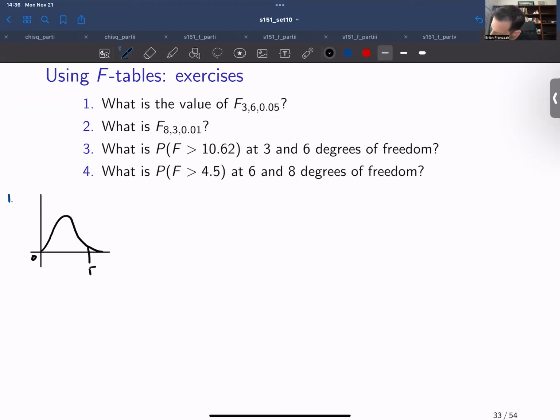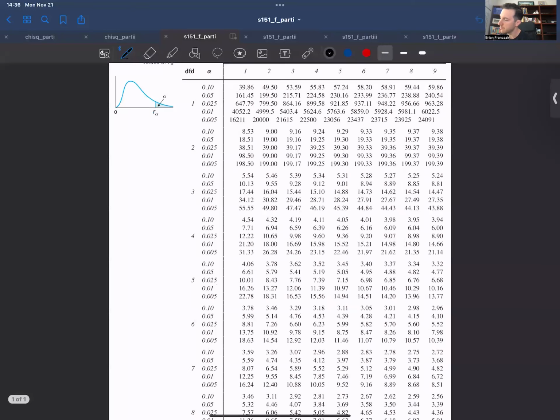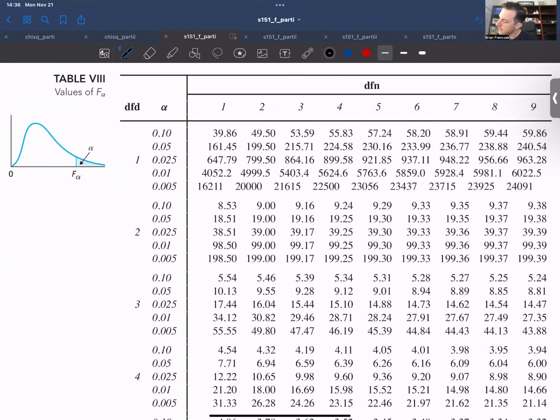So here we have an F value on 3 degrees of freedom, 6 degrees of freedom, and 0.05. So the 3 is going to be df1, the 6 is going to be df2, and then our significance level would be 0.05. Okay, so what we have to do is start to comb through the F tables now. You'll see that the F table is labeled dfn, so df numerator, which would be df1, and the dfd, which is df denominator, would be df2.